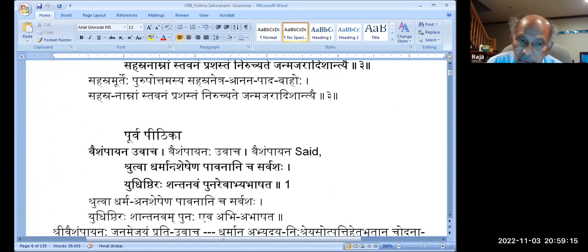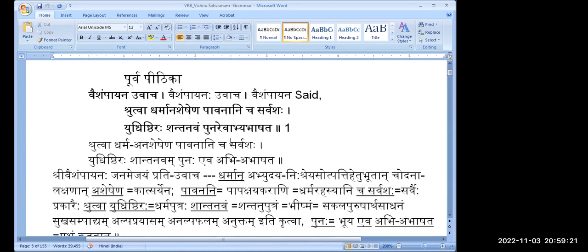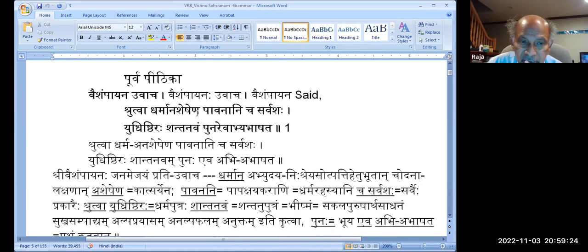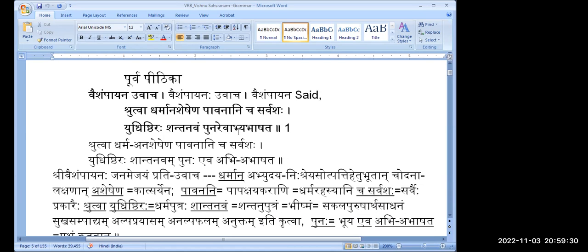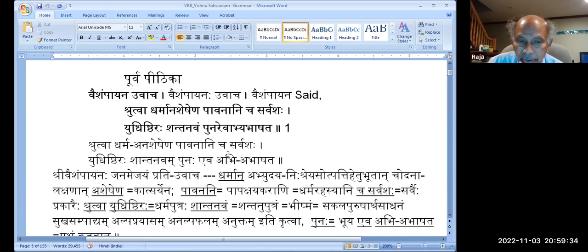Vaishampayana Uvacha. Vaishampayana said, what did he say? Shrutva dharman anuseshena pavanani cha sarvashaha, Yudhishthiraha Santanavam punar eva abhibhashata. You see that? Abhibhashata.